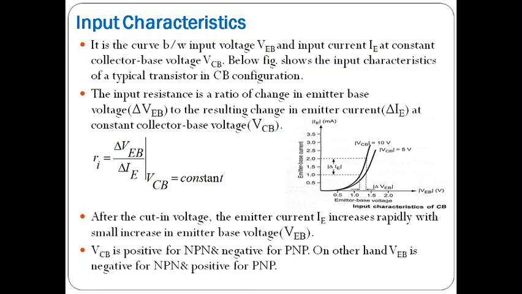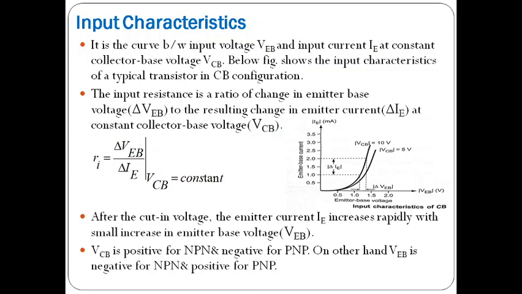Here you can observe the cut-in voltage of the diode, or you can say base and emitter act as one diode. After the cut-in voltage, the emitter current IE increases rapidly with increase in emitter-base voltage.